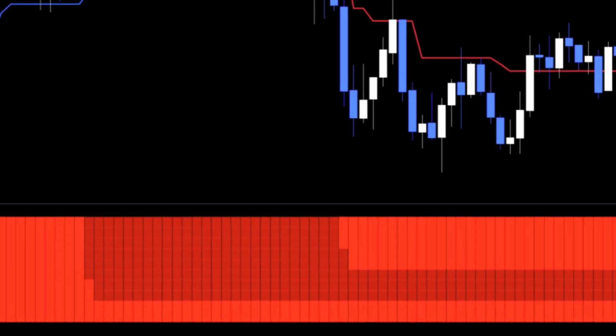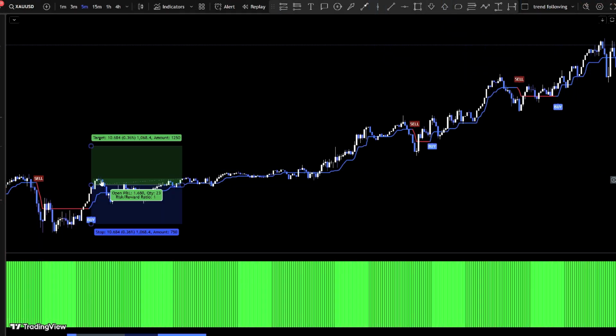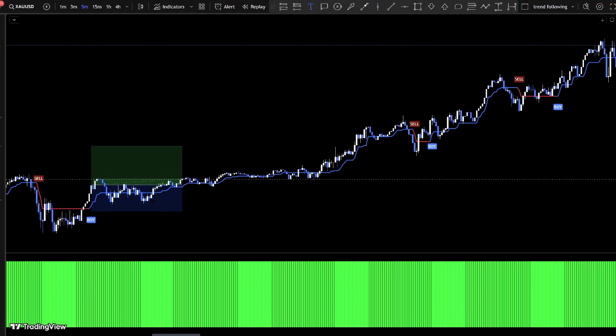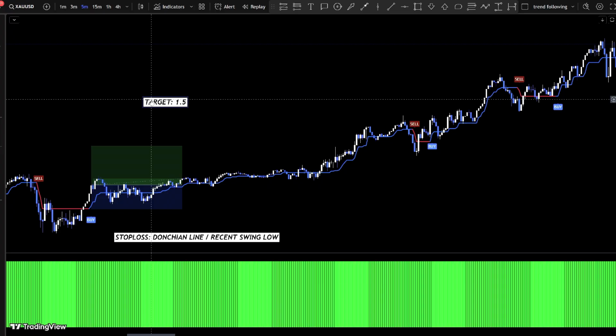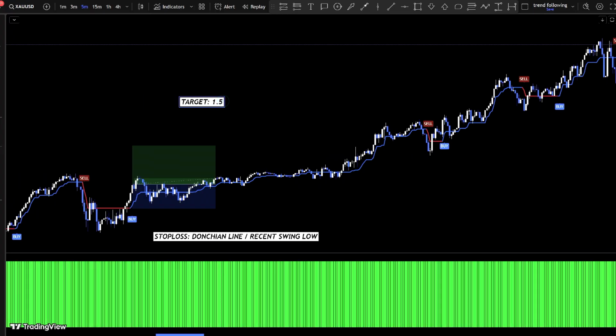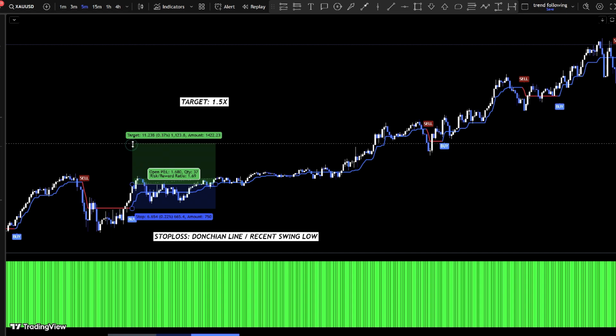Let's also talk about managing our trades so we're keeping our risk in check. For buy trades, you can set your stop loss either below the follow line or below the most recent swing low in the market, whichever feels safer for you. For target, aim for 1.5 times your risk. So if your stop loss is 10 pips, your target would be 15 pips.